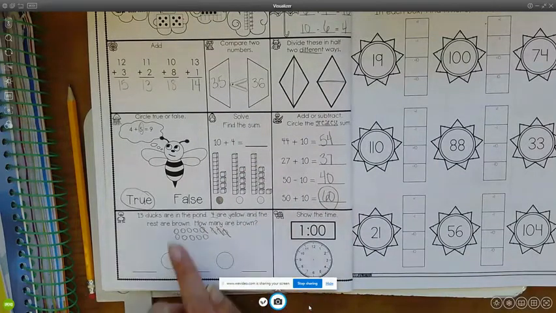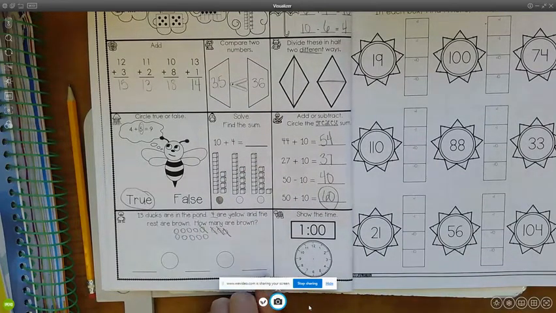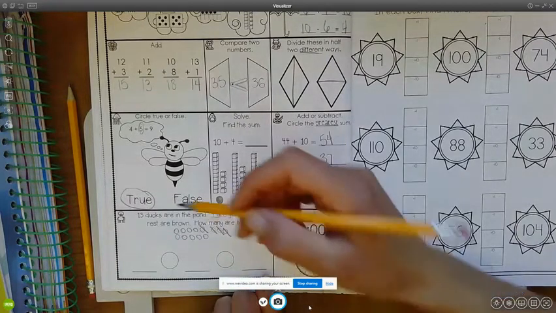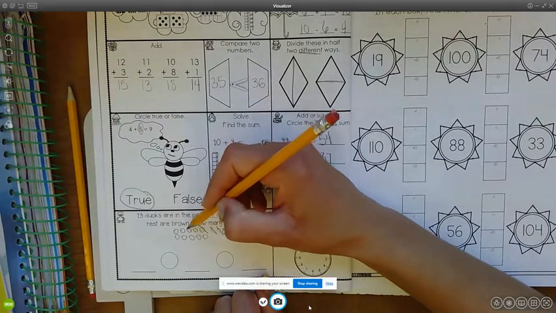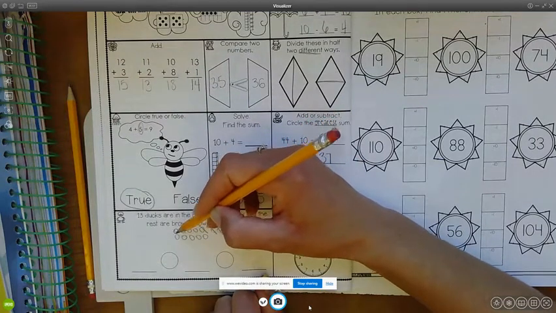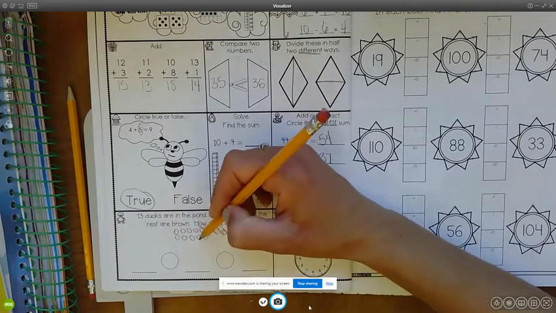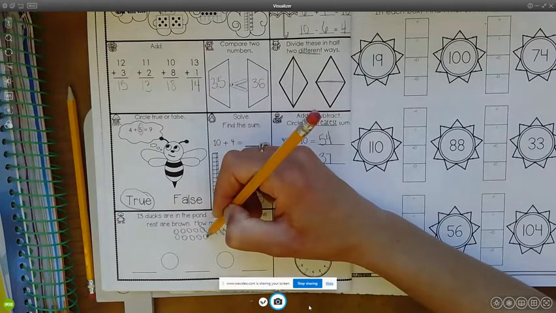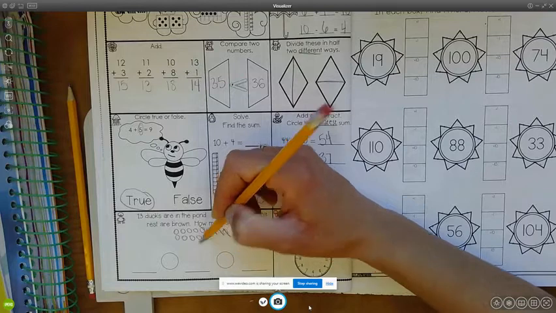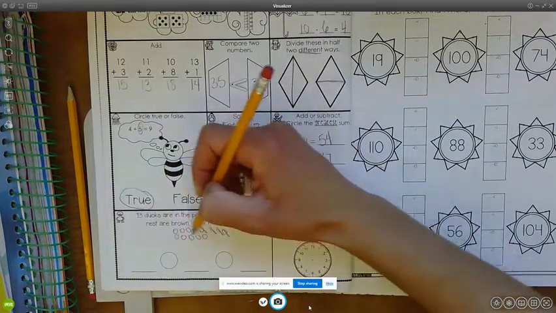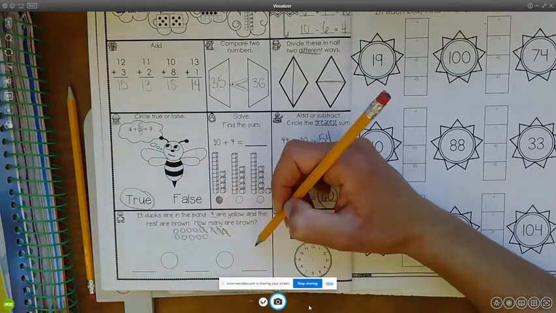The rest are brown. How many are brown? Looks like 1, 2, 3, 4, 5, 6, 7, 8, 9. 9 must be brown.